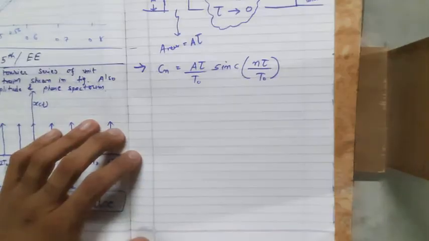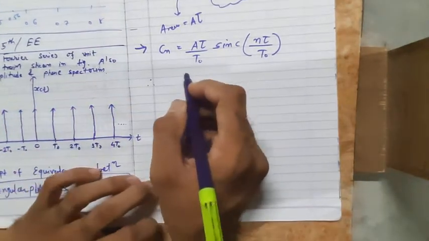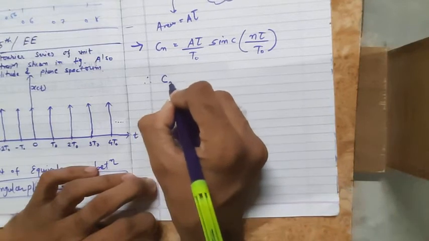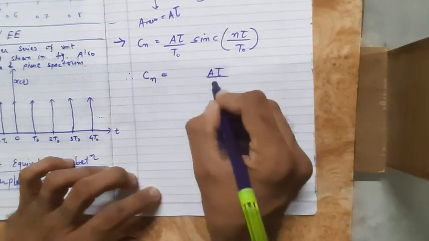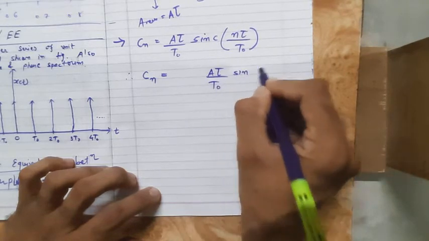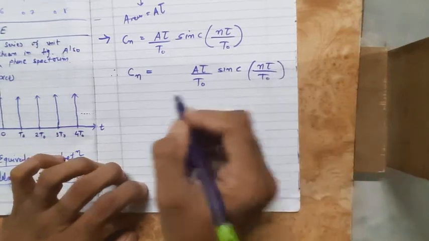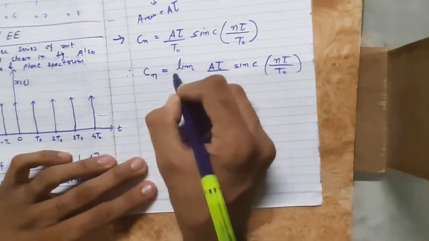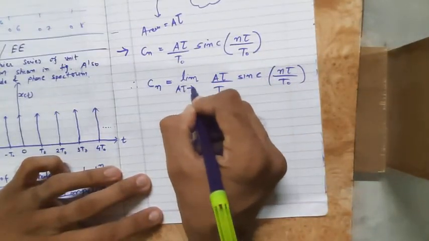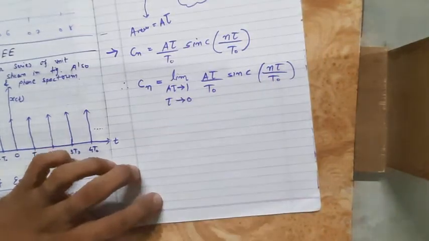So we use the equivalence concept. For the impulse, c of n is A tau by T0 sinc of n tau by capital T0, with the limits: A tau goes to 1 and tau simultaneously goes to 0.